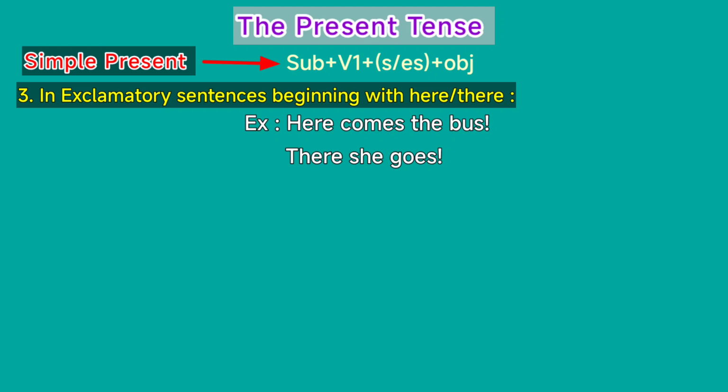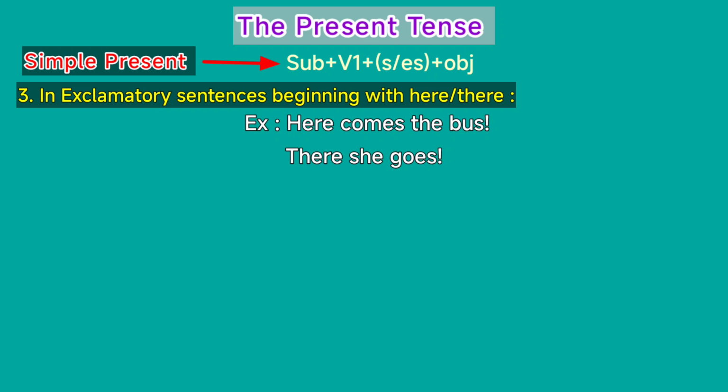The emotion bursts out. So there we say, here comes the bus. In order to express the feeling, we use simple present tense. Even though the bus is coming, even though the action is going on, we can still say simple present tense. It's more apt for the situation because the realistic emotion is to be expressed.